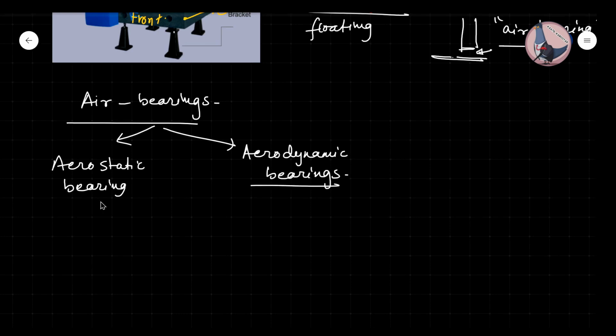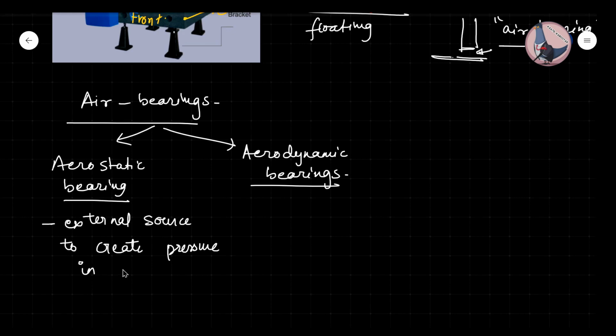So in aerostatic bearings, what happens? You need one external source to create pressure in air for an air cushion.